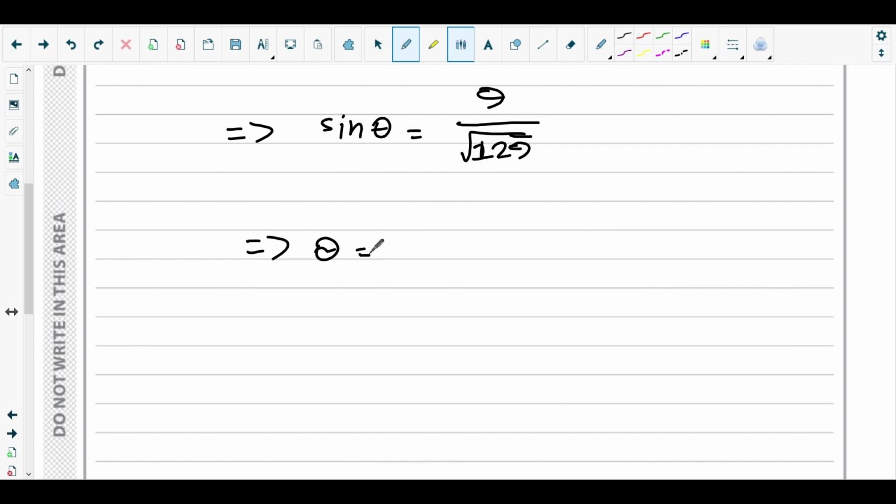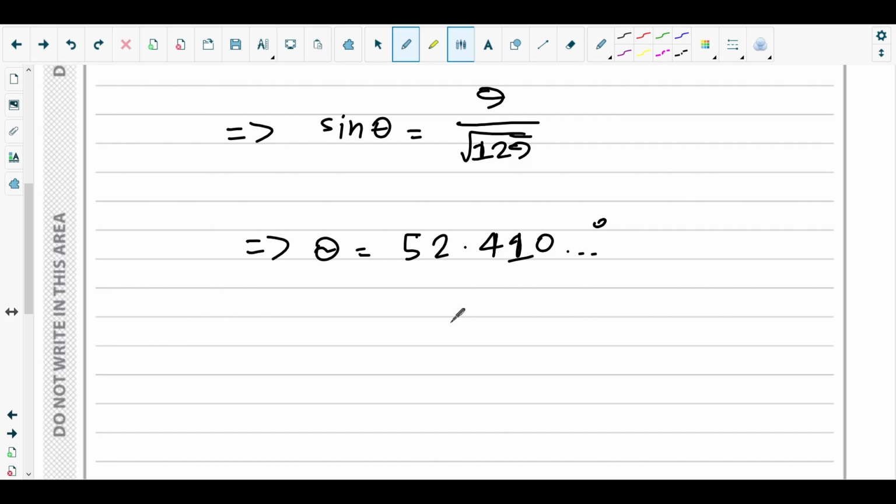My calculator is in degree mode. So keep in mind that the value should be in degrees. So we got 52 point, the value for theta is basically 52.410 something degrees. Okay, done?